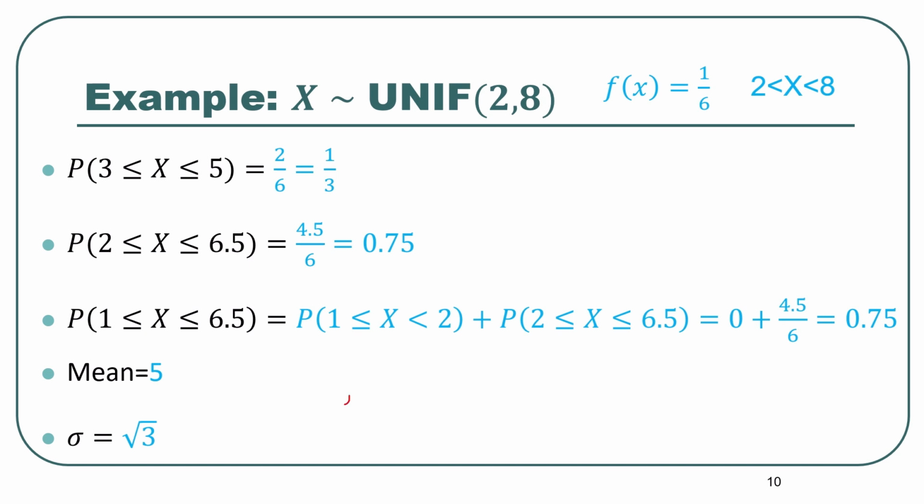You remember we had that formula: sigma square equals b minus a, the length of the interval, squared, over 12. Applying that gives 36 over 12, which equals 3, and because of that sigma is the square root of 3.